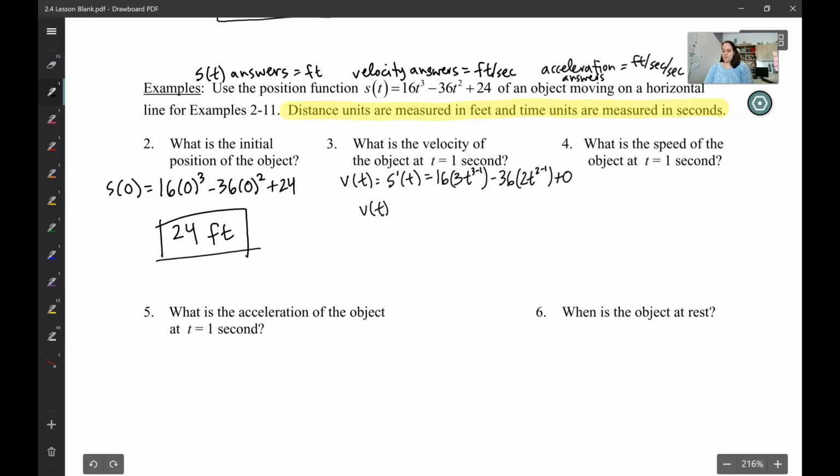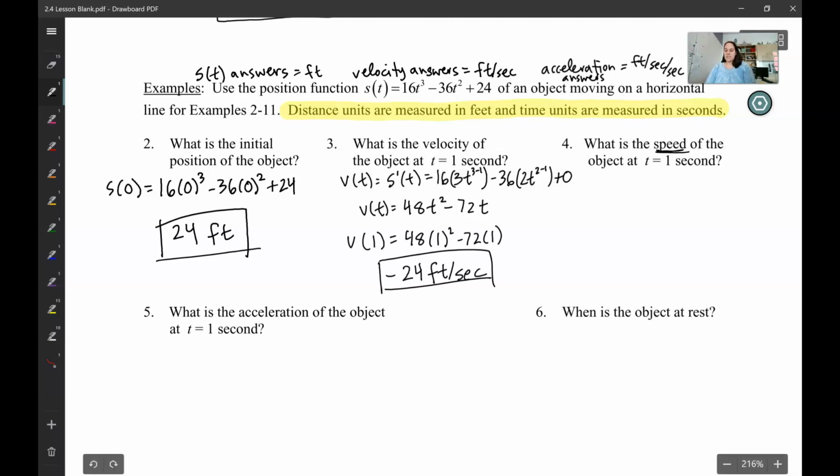So v of t is going to be 16 times 3, which is 48t squared, minus 36 times 2, which is 72t. And I want to know what is the velocity at t equals 1. So that's essentially asking what is v of 1. So then I have 48 times 1 squared minus 72 times 1, which is going to be negative 24. And this is a velocity, so my units are going to be feet per second.